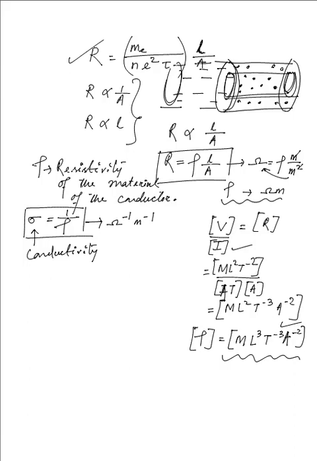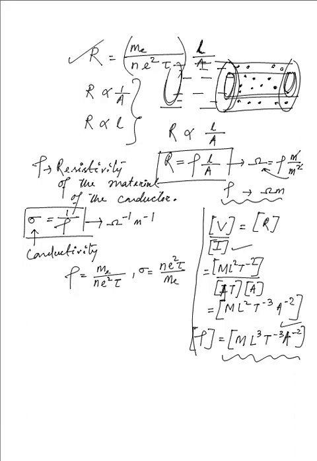And with the expression for conductivity, now what is the expression in this case? Resistivity has the expression rho equals m e divided by n e squared tau, and conductivity obviously has the relation sigma equals n e squared tau divided by m e.